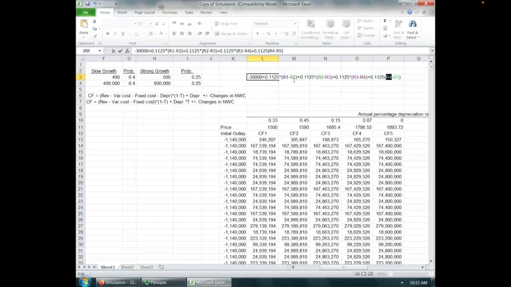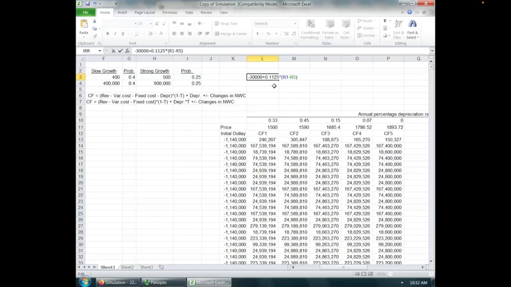Okay, so as a result of which, if I simplify this expression, I'm going to be left with this. This is how much we invested in working capital in previous 4 years. 30,000 times 11.25, difference between revenue in year 1 and the revenue in year 5. And that's what we need to recover in the last year, in year 5.